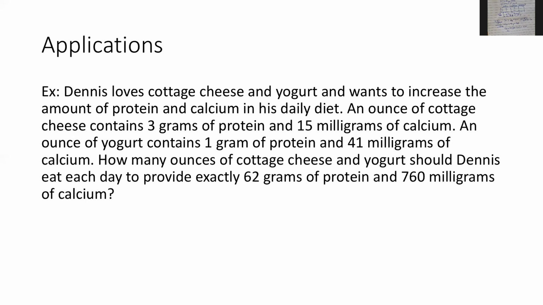So 41 times 62. Hopefully you guys got 2,542. And then minus 3 times 41, which should be 123x, is equal to 760. And now here's where we collect like terms. The 15 and the 123x. So I got negative 108x. And then I got to move this to the other side.